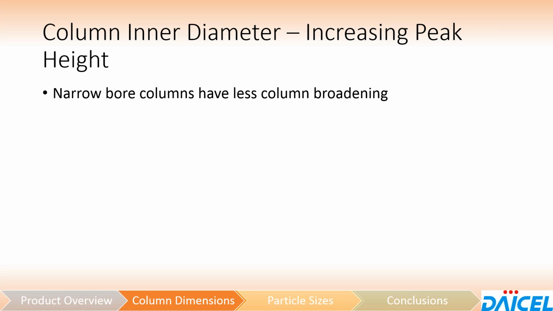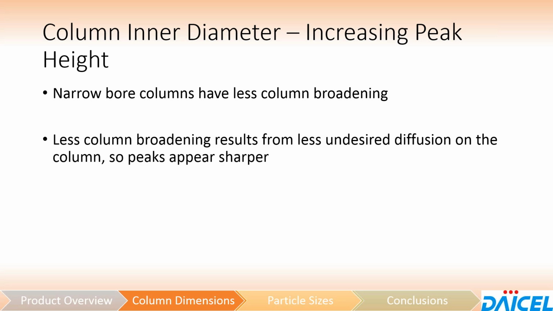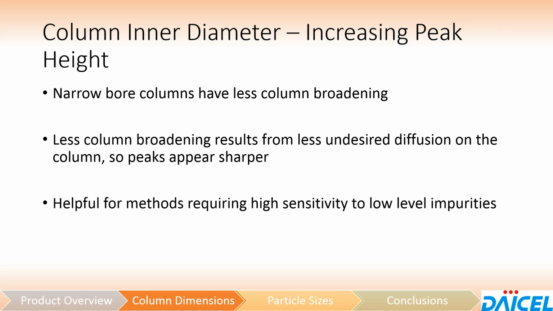So as the analyte is moving through the column, there is less space for diffusion, and therefore as the peaks are coming out of the column and into the detector, they will appear sharper as a result of that decrease in diffusion.